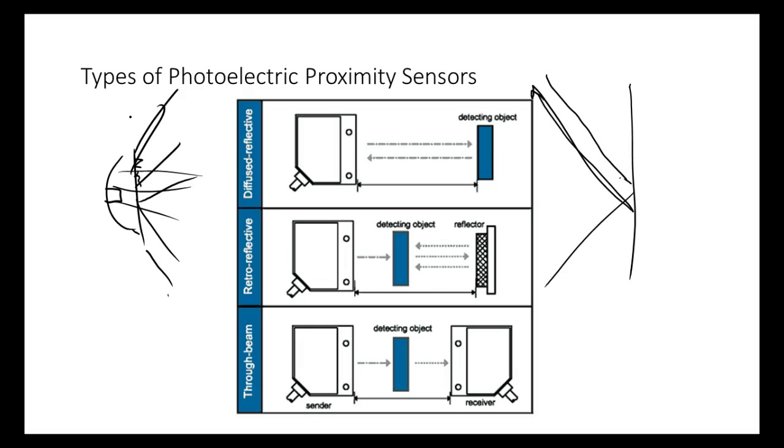The last one we have is what we call the diffuse sensor. It depends on light being reflected off the object itself, which is the way we see, right? These are diffuse sensors.